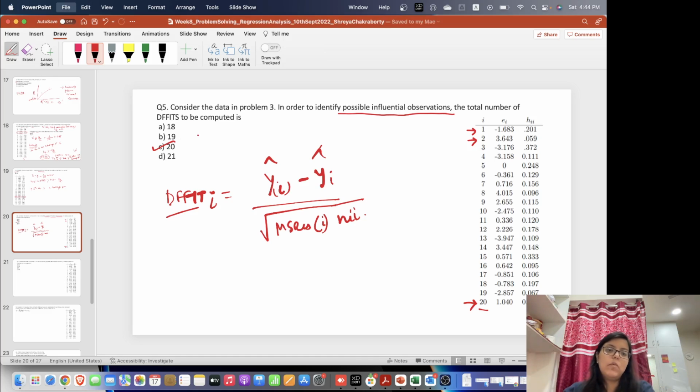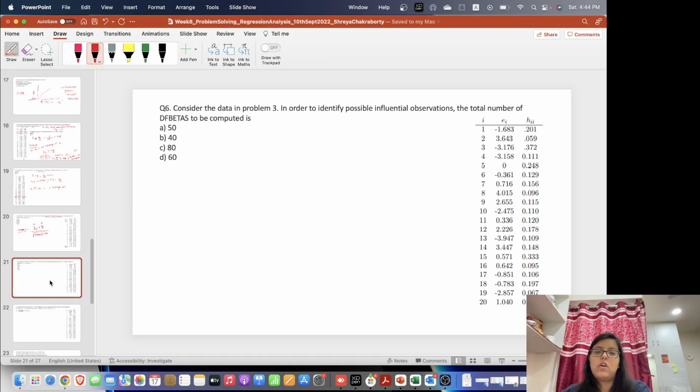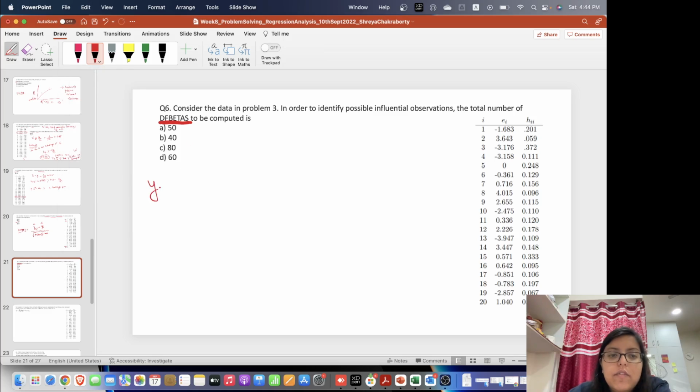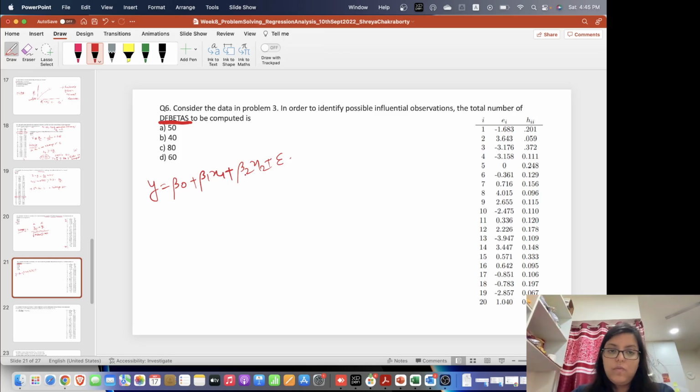But if the same question is repeated for DF betas, then how should we do it? If I was giving this example, DF beta for the jth variable, for beta 2, would measure how the ith observation is changing beta 2.